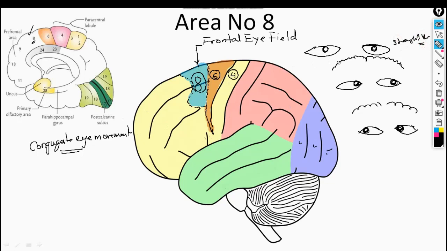Any stimulus here will cause conjugate eye movement. You can see both eyes, left side as well as right side, both deviate to the other side. Clear? So this is the function of area number 8.